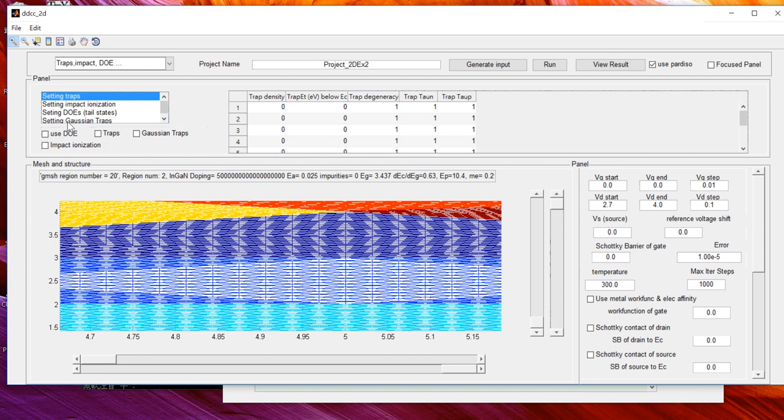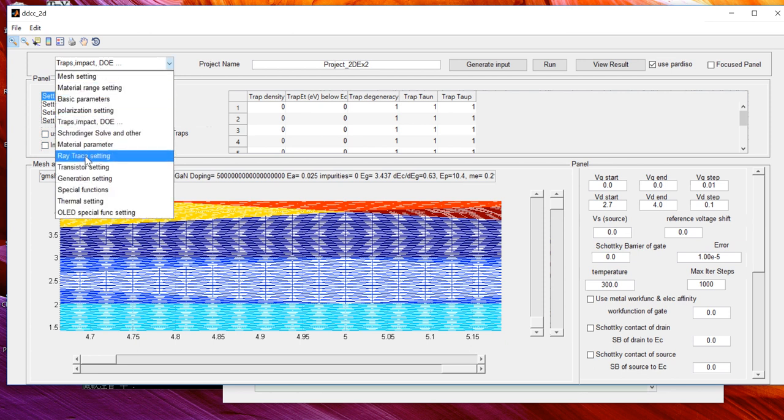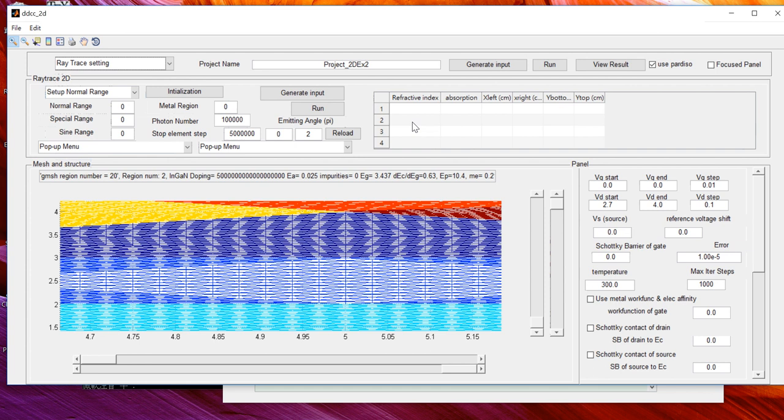Gaussian trap means the trap density is like a Gaussian distribution, and trap is like a delta distribution. And the Gaussian distribution is much better, no matter in reality or in convergence, it'll give better initialization. And also ray tracing is here.